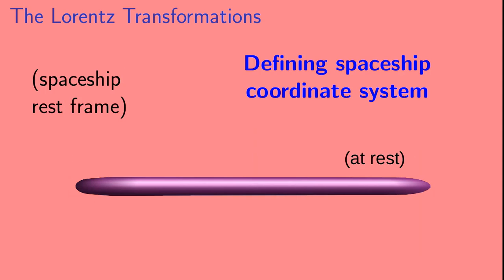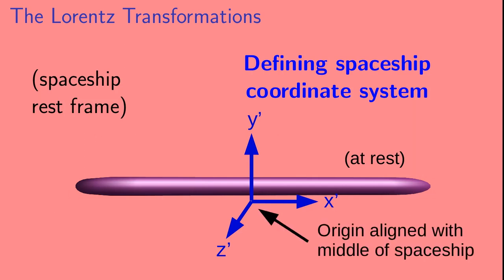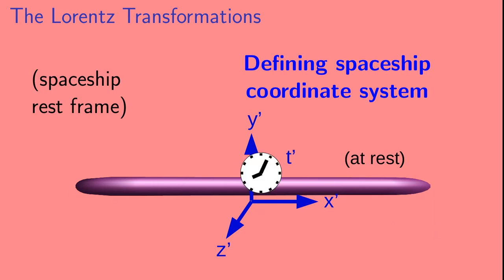Okay, now let's look at how the spaceship crew would define their coordinate system. This is defined in the spaceship rest frame, where the spaceship is not moving. The spaceship crew defines coordinates called x prime, y prime, and z prime. The origin of this set of coordinates is in the middle of the spaceship. The crew of the spaceship also has a clock, which they use to measure their time coordinate t prime.